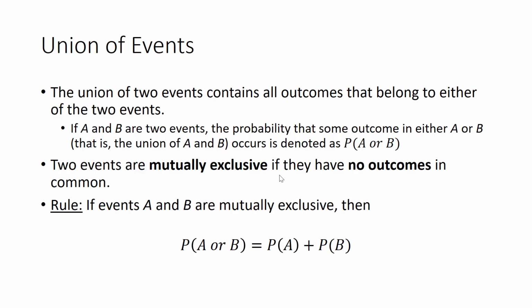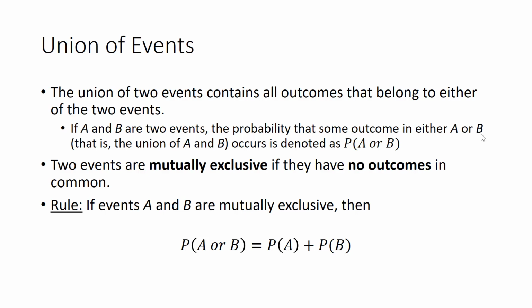Now another thing that I want to talk about is the so-called union of events. Let's say that we have two events, again A and B, and we want to find what we call the union, or in other words, we want to find A or B, meaning that we want to find another event that consists of outcomes that belong to A or belong to B. First of all, we're going to consider sets A and B that have no mutual outcomes, okay?